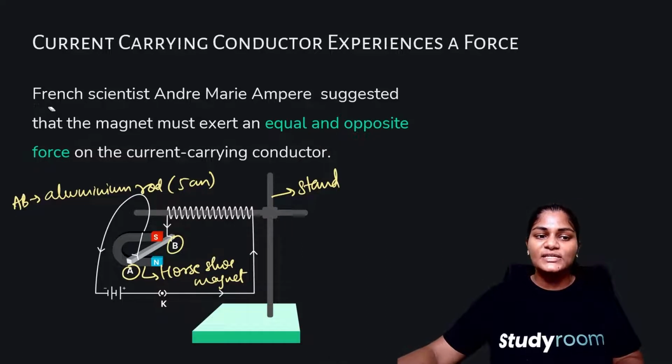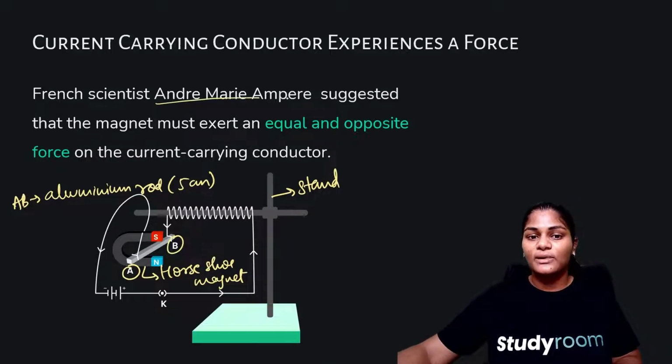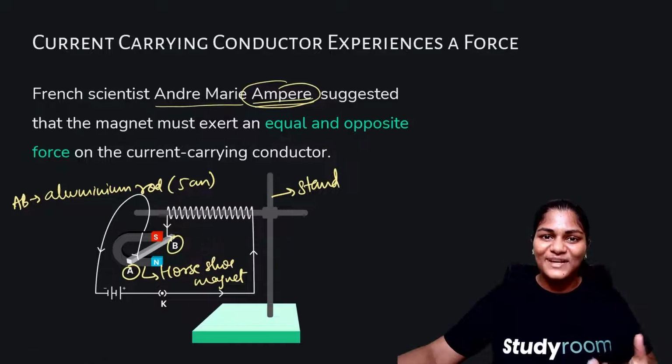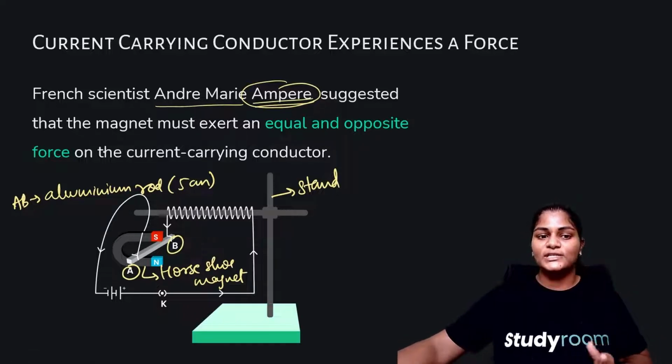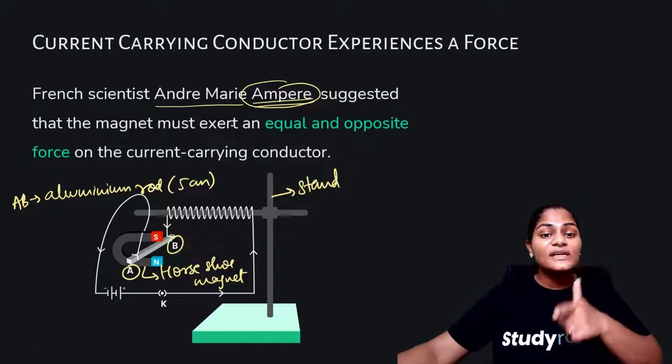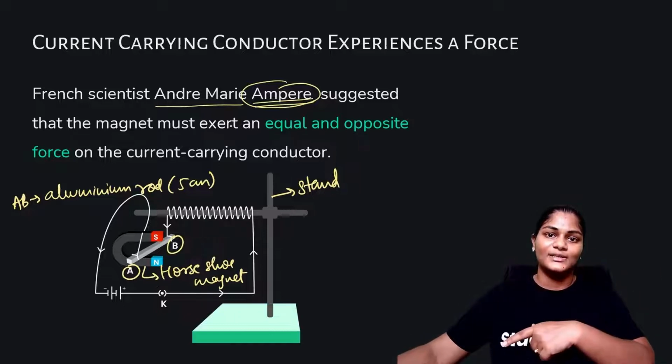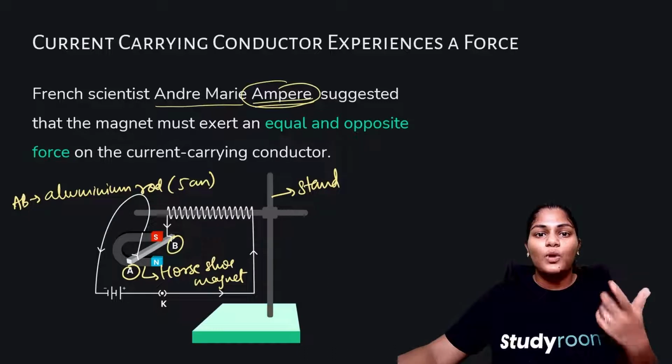Okay. So it says that the French scientist André-Marie Ampère, can you realize something from his name? This Ampère, he is actually the one that the unit of current ampere is named after. So he suggested that a magnet must exert an equal and opposite force on the current carrying conductor. Okay. So what does this mean?